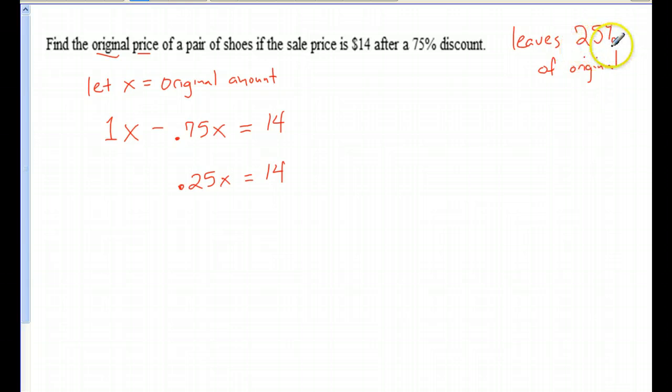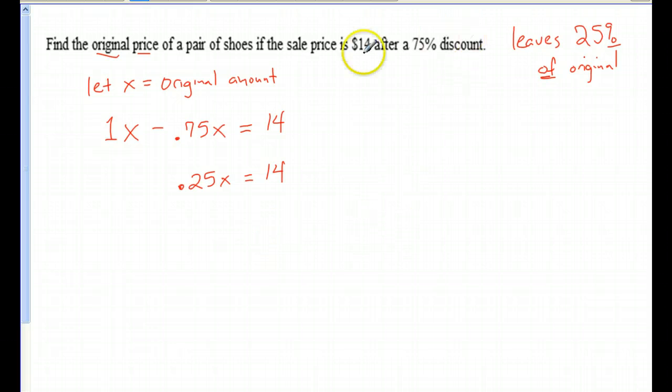So if 25% of, remember we said with percent of means times, so 25% times the original price is 14. So you can think of it that way. We want to know the original price. There was a 75% discount. That means we're left to pay 25% of the original.